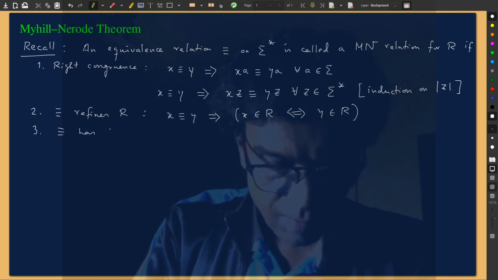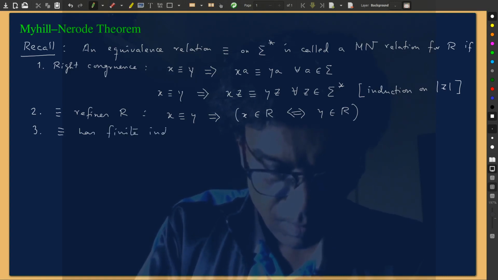The number of equivalence classes is called the index of the equivalence relation, and this has finite index.